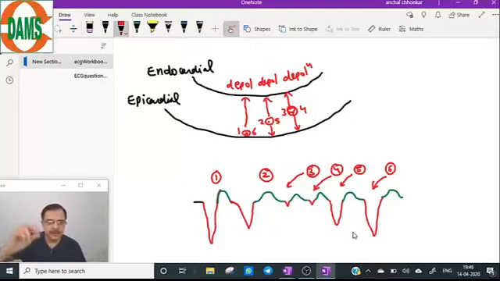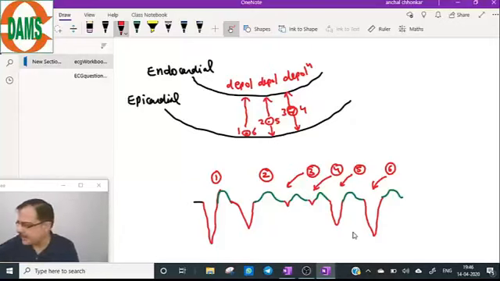Yes, yes. So now visualize. These are the 3 points, just for example, responsible for ventricle ectopics. They are oscillating around a point.